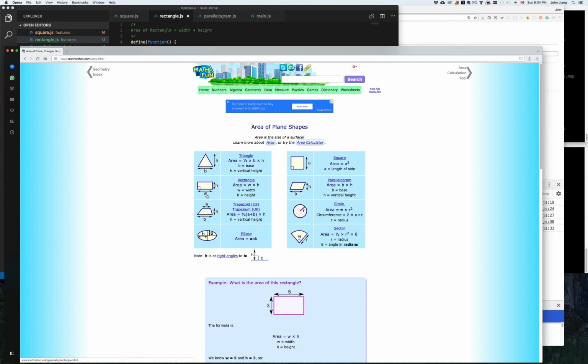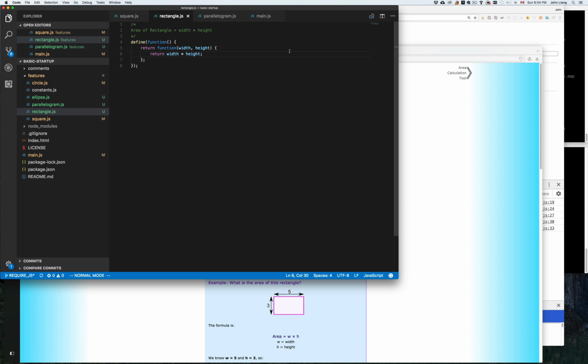And in the rectangle case it's width times height. Okay, so let's copy the rectangle, change it to parallelogram, and it's base times height. So base times height and base times height. All right.